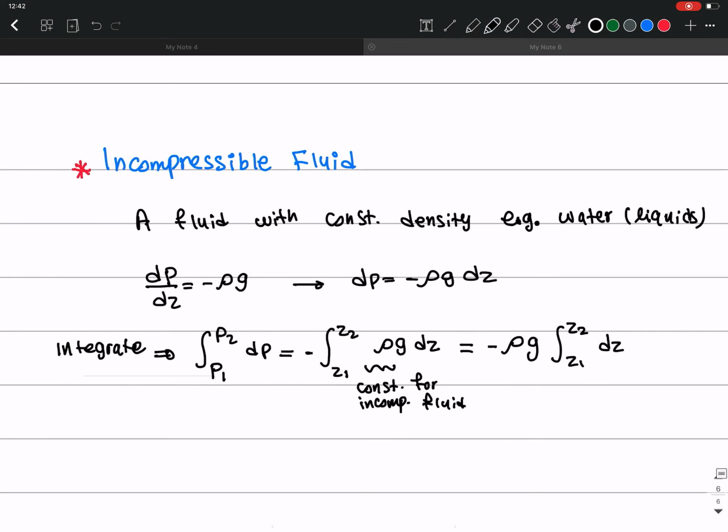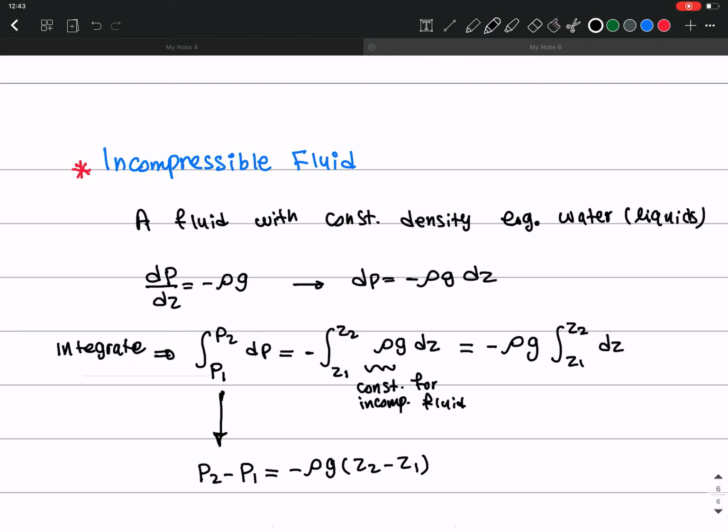So the integral of dp is just 1, so it's going to be P2 minus P1 equals minus rho g, and then the integral of dz is going to be similarly z2 minus z1.